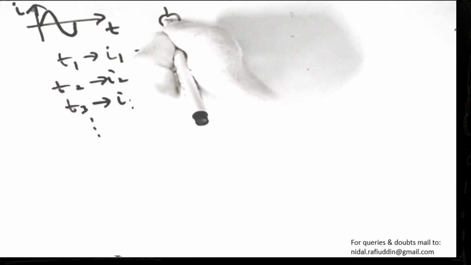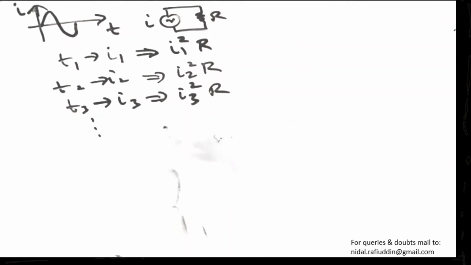So we have an AC source which is connected across a resistor R. The power dissipated in this resistor is I1 square R, and the power dissipated at this instant is I2 square R. At this instant it's I3 square R, and so on.